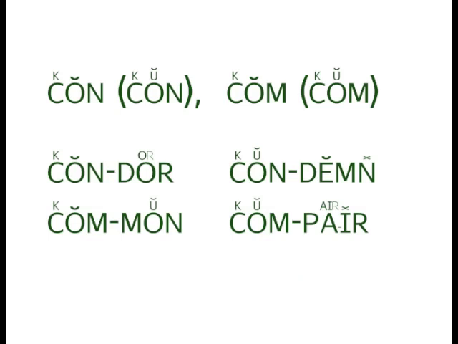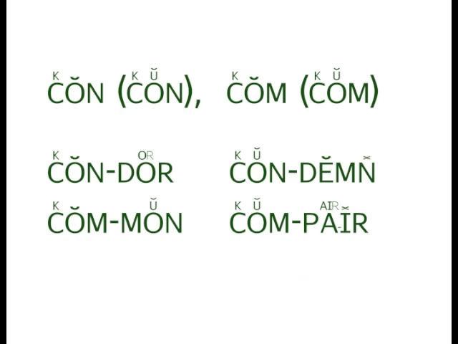O's and A's are the two vowels most likely to schwa. Con and com often schwa. They will schwa if that syllable, the first syllable, is unaccented. If it is accented, it will have its short O sound. These markings will help you figure out which one.